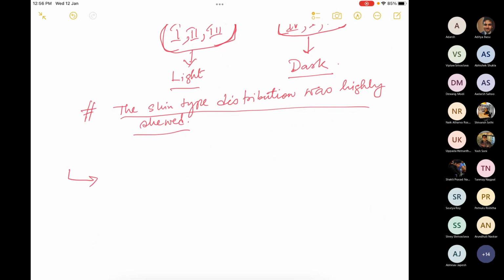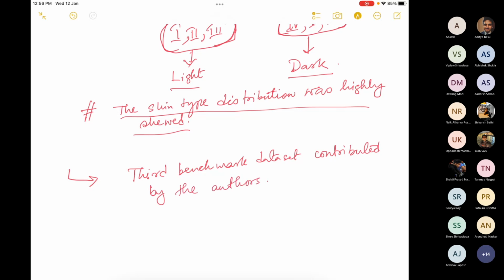This is a benchmark that they contributed to the community. They introduced their own benchmark, which they called PPB, which stands for Pilot Parliaments Benchmark.